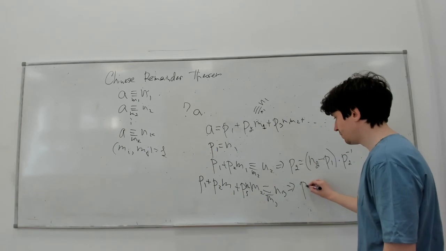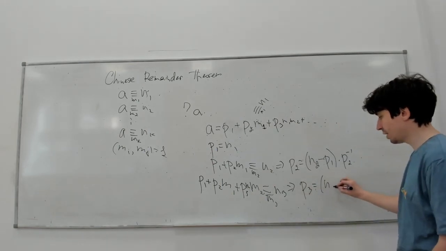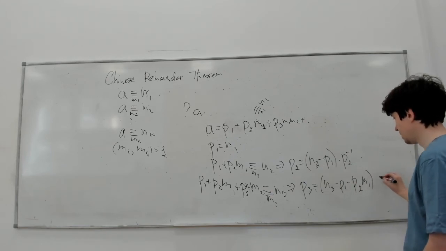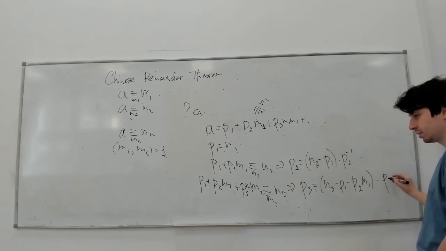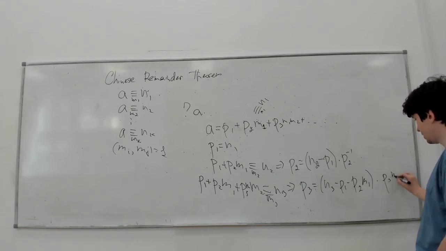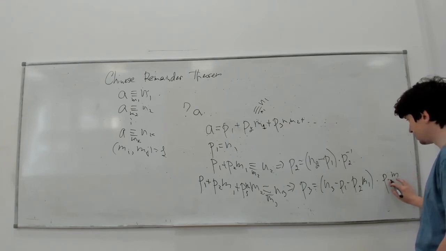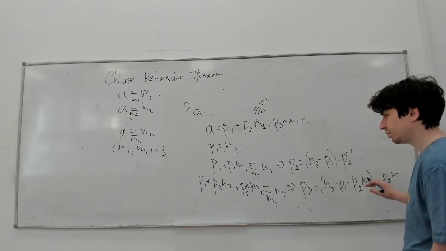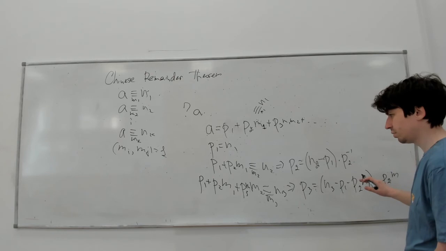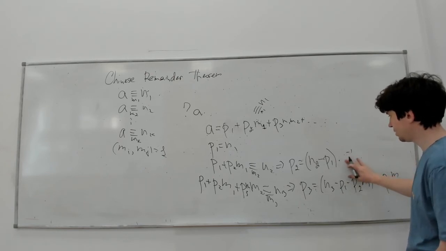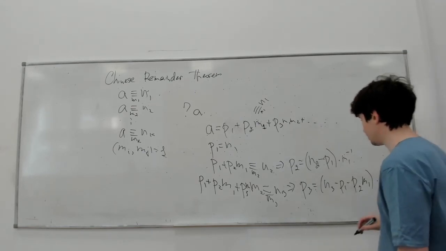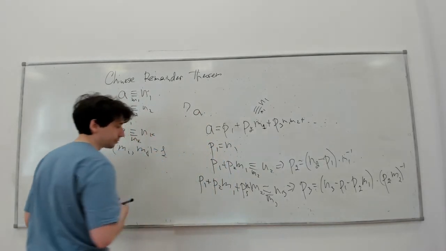Then P3 is equal to N3 minus P1 minus P2 M1, multiplied by (M1 M2) in the power minus 1.